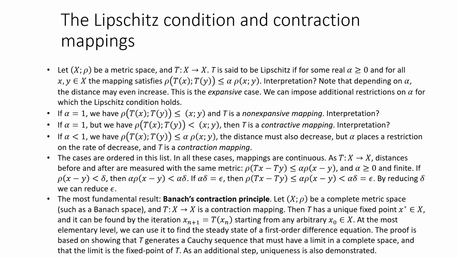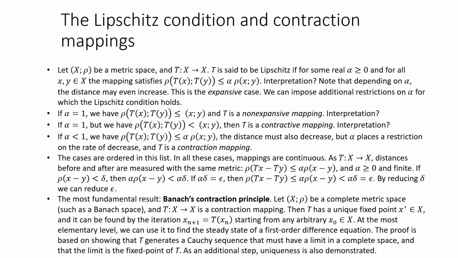By reducing the distance between x and y, we must be able to reduce the distance between tx and ty, and it comes from the Lipschitz condition. If alpha is finite, which is supposed to be finite, then in all these cases we have continuous mappings.